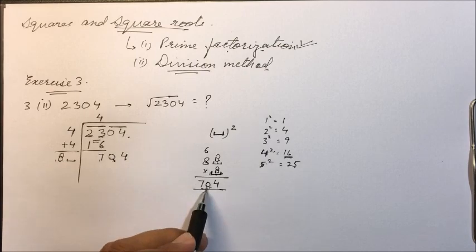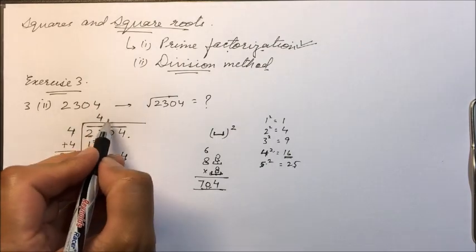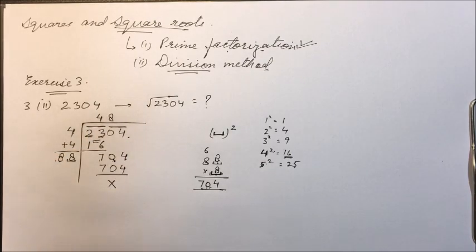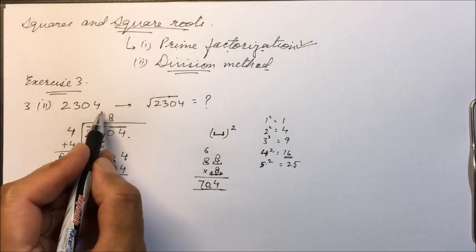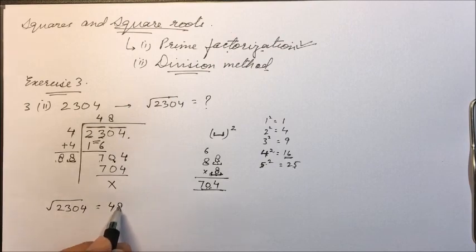They are the same number, they are equal. So we put 8 here as well, 704, and the remainder is 0. We do not have to proceed further. We got the answer: the square root of 2304 is 48.